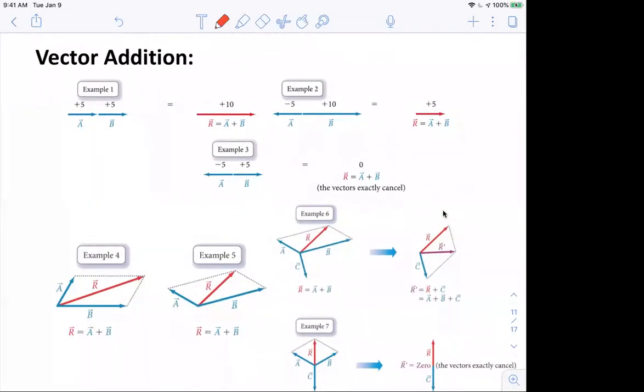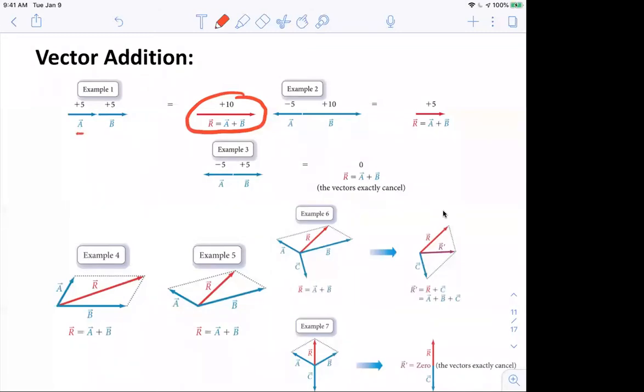If you've ever had vector addition, which you don't have to have had, most of you have not looked at vectors. But if you look at this, you can think of these vectors as being a dipole. If I have a dipole that goes to the right, and then I have another dipole that goes to the right, what I'm going to get is a resultant that is the sum of the 2 dipoles.